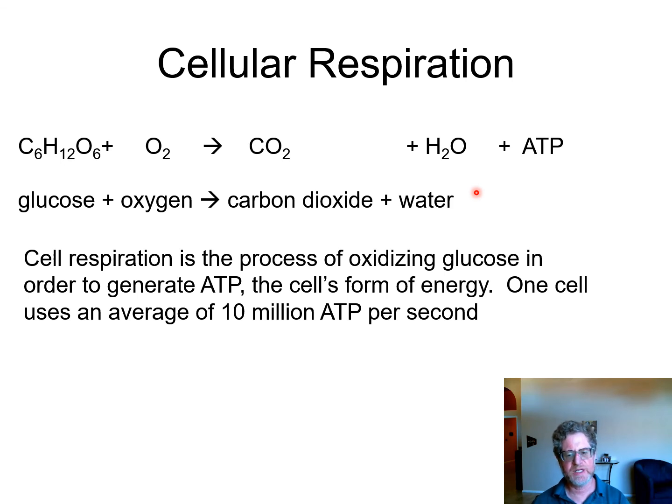Plants build their own food through photosynthesis, but then they break down their food through cell respiration. Cellular respiration shows glucose being oxidized, glucose plus oxygen, producing carbon dioxide, a waste product, and water. And you get energy from burning glucose. Glucose has quite a few calories in it, and that energy is used to build ATP.